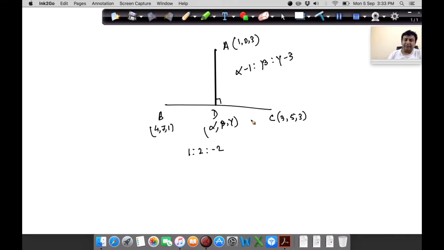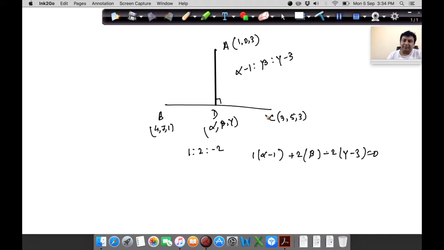These direction ratios of BC and of AD should multiply to give you 0 because they are at 90 degrees. So 1 into alpha minus 1, plus 2 into beta minus 0, plus minus 2 into gamma minus 3 is equal to 0. We open this up and get one equation in alpha, beta, gamma.